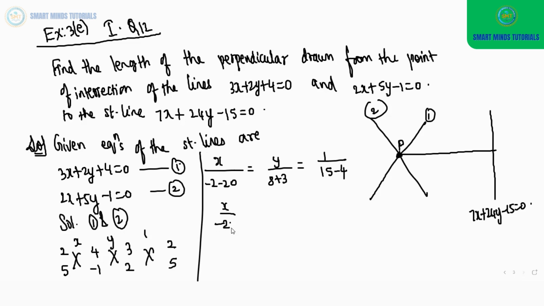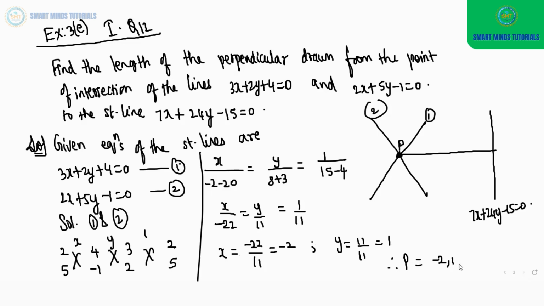So x by minus 22 is equal to y by 11 is equal to 1 by 11. So x is equal to minus 22 by 11, that is minus 2. And y is equal to 11 by 11, that is equal to 1. Therefore, P is equal to (minus 2, 1).